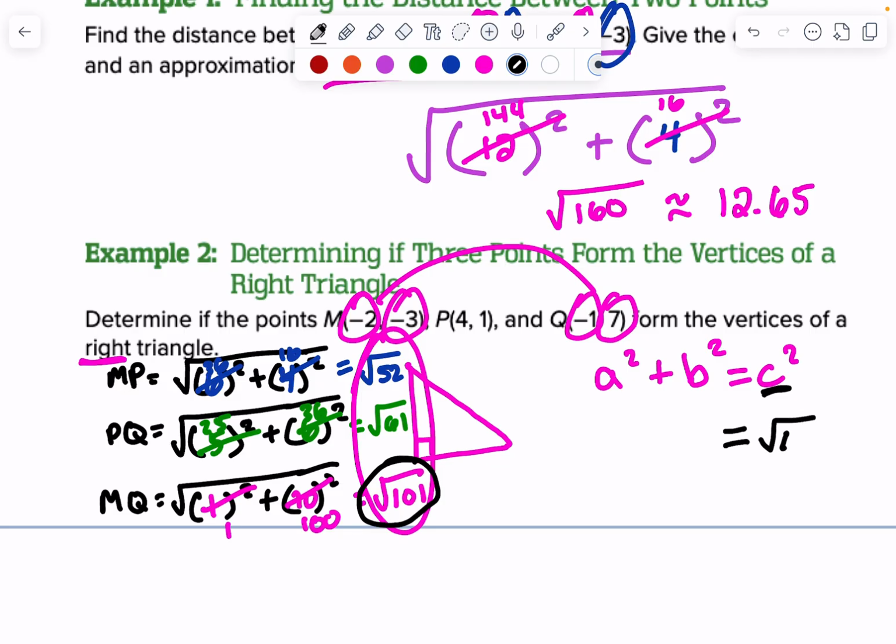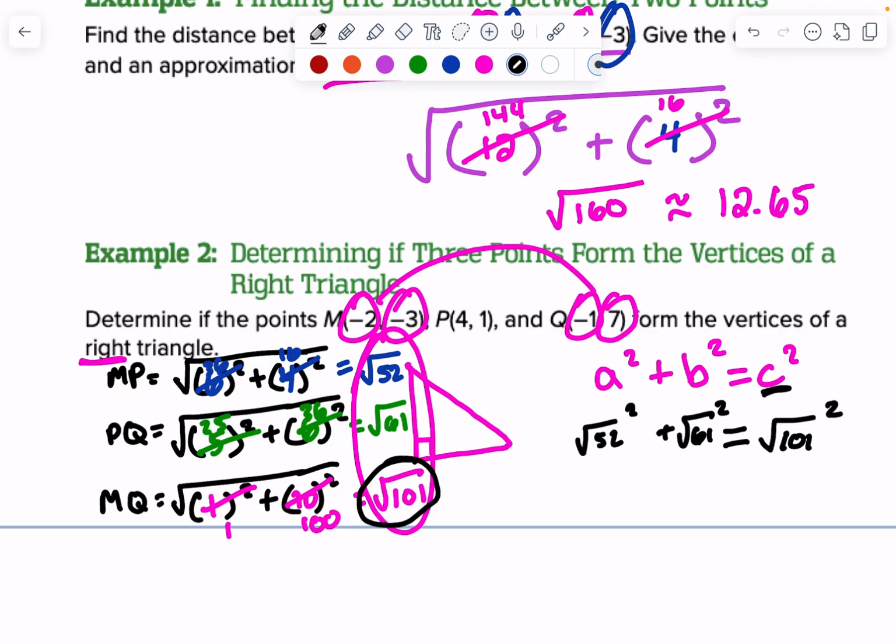This is the square root of 101 squared, equal to the square root of 52 squared plus the square root of 61 squared. Okay, let me check and make sure I didn't do anything wrong. I've got 6, 4, 5, 6, 1 and 10, and that is 52, and that is 61, and that is 101.